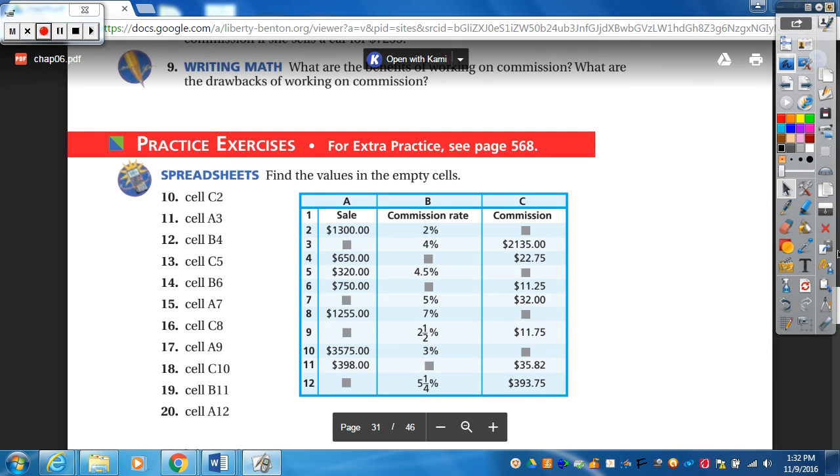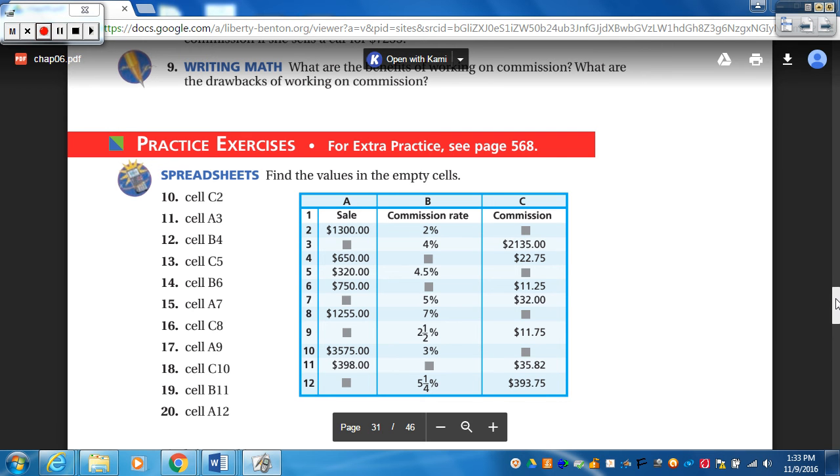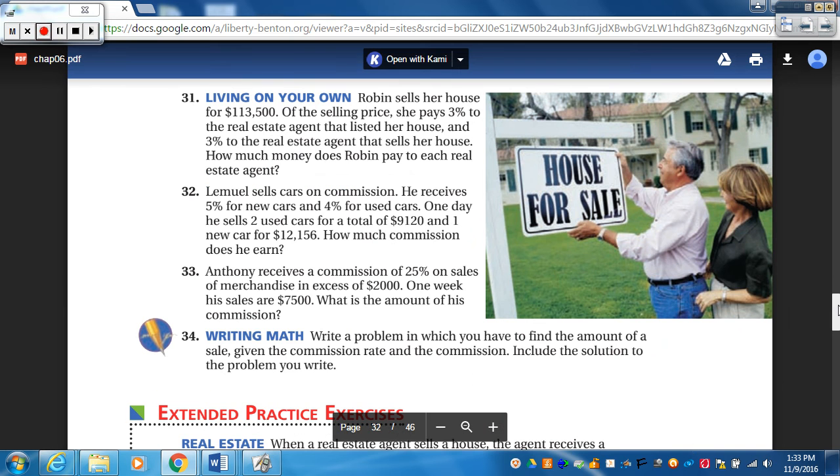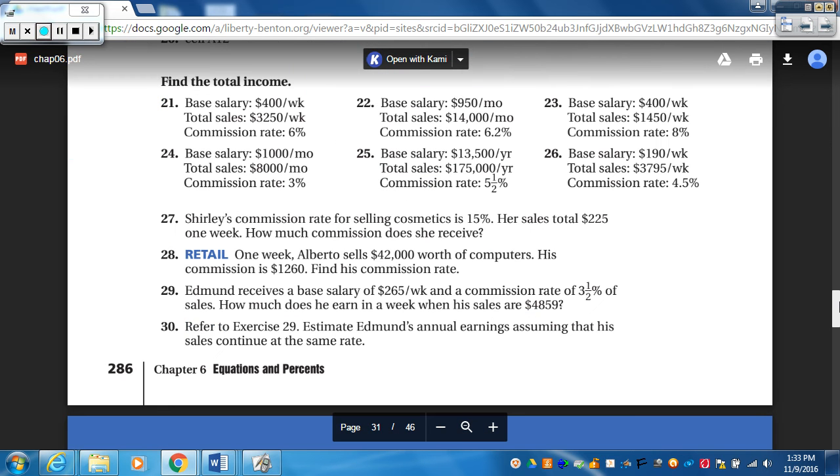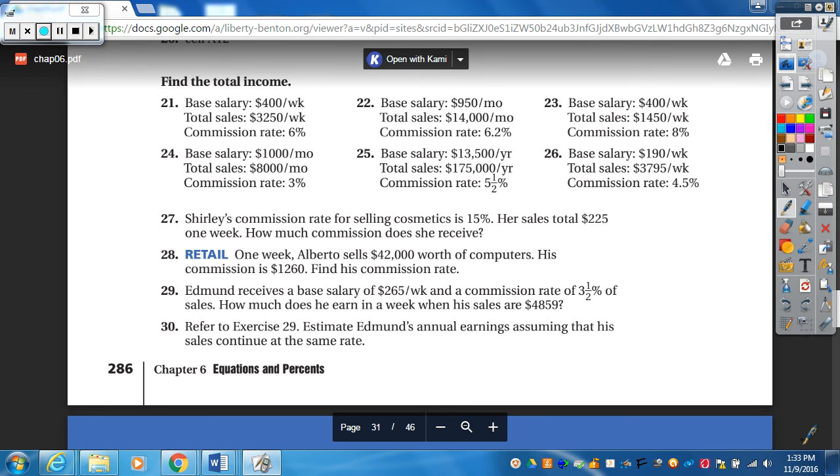Let's do this there. There we go. Okay. So we've got 25 to 27. Let's take a look at that section right there.